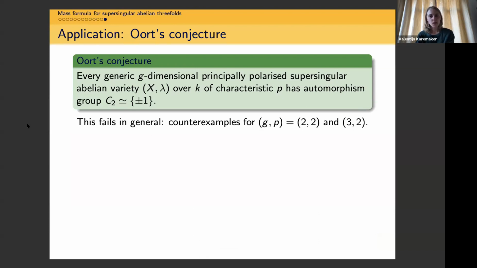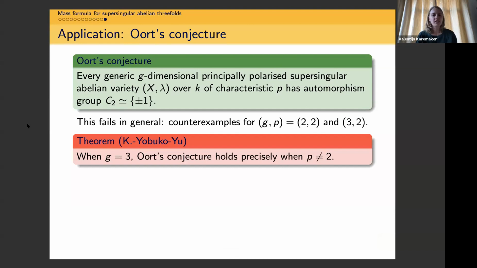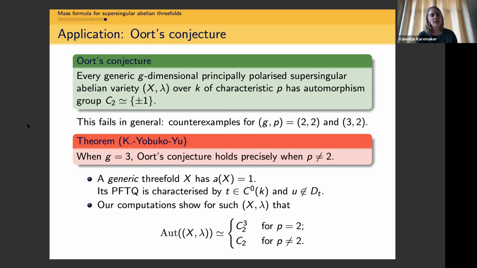But in this case, we can say a lot more, namely that when the dimension is 3, then Oort's conjecture holds precisely when P is not equal to 2. So just quickly, how do you show this? A generic threefold in our case has a number 1, and its PFTQ is characterized by this pair T, U, where T is not defined over F_P squared, and where U is not in this divisor that we find.